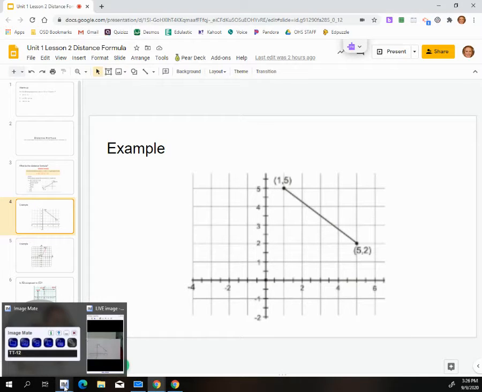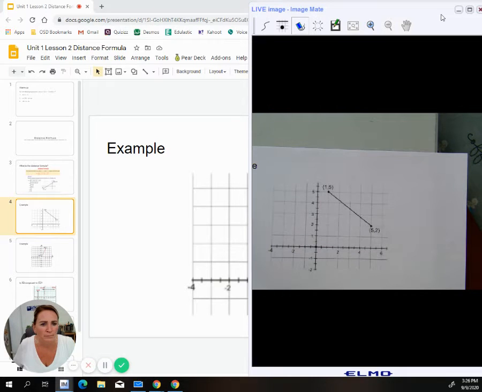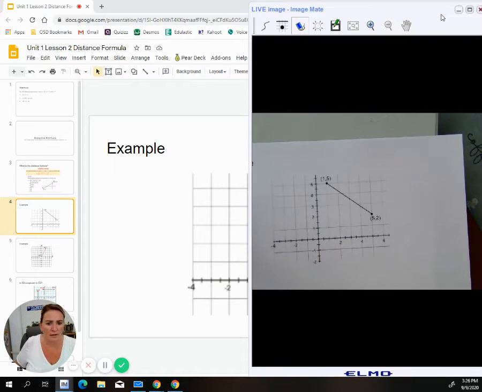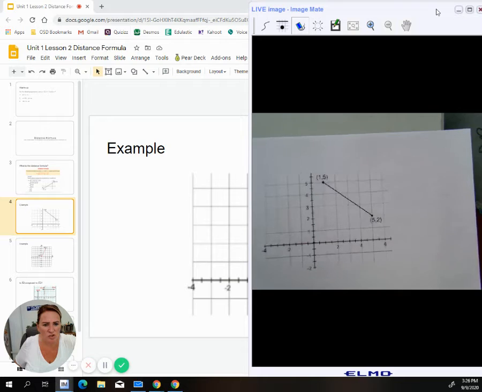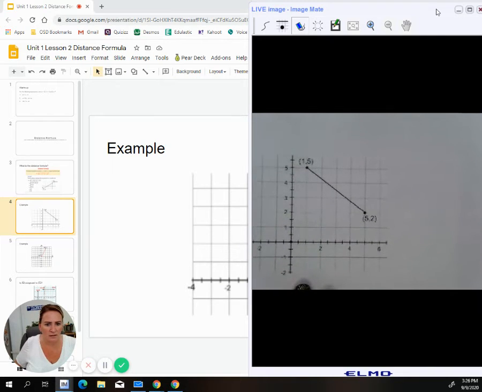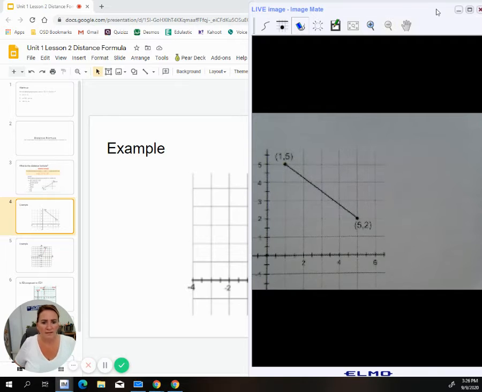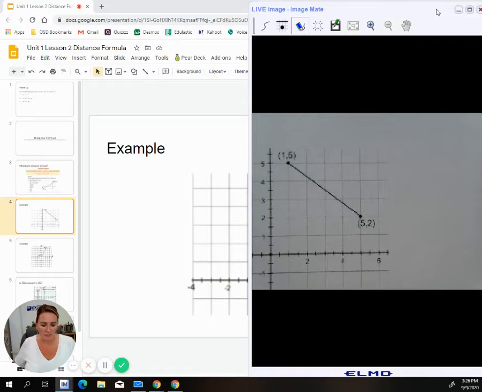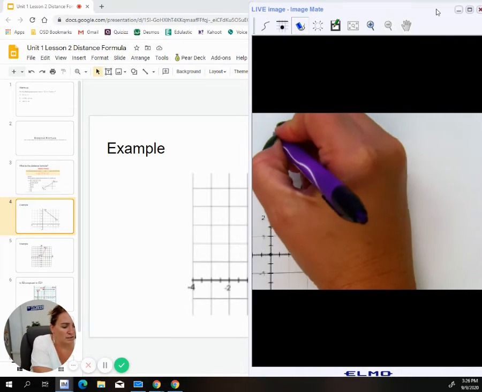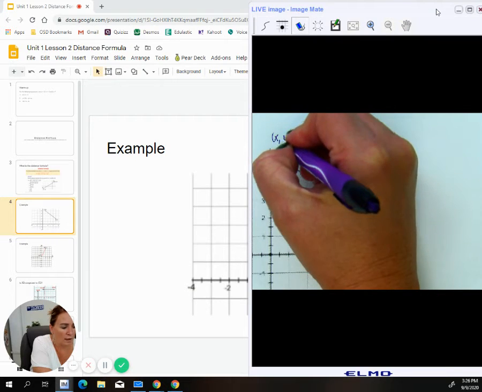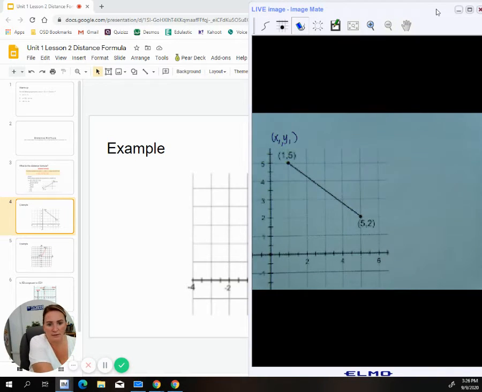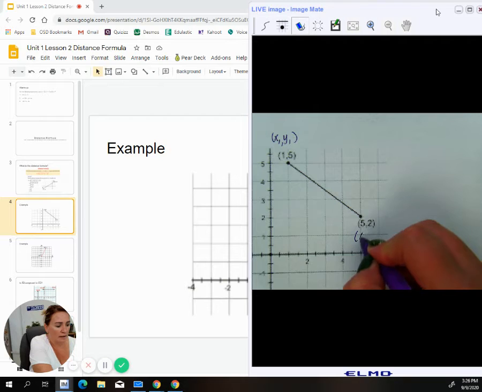I'm going to put it up here on the screen so that you can see it. Let me zoom in just a tad so that we can see it a little bit better. In this case, the points are given to us, which is kind of nice. I'm going to call this point up here x1, y1. It honestly doesn't matter. I'm going to call this point x2, y2.